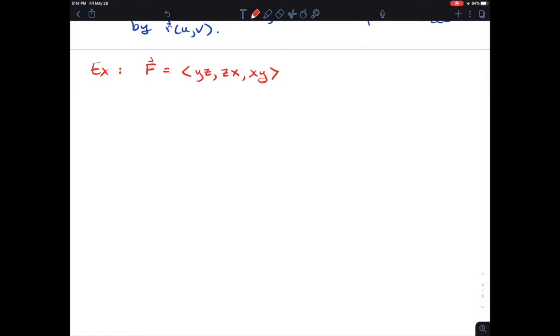The surface S has z equals x sine y, where x goes 0 to 2, and y goes from 0 to pi.